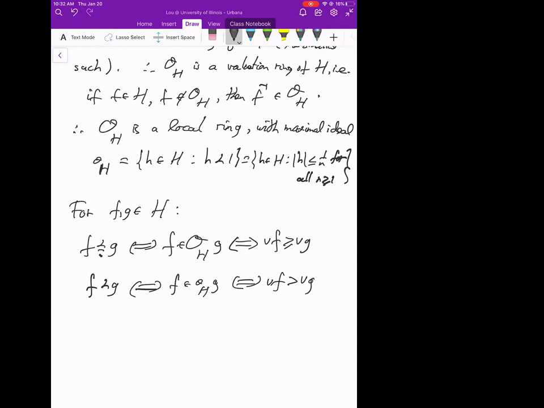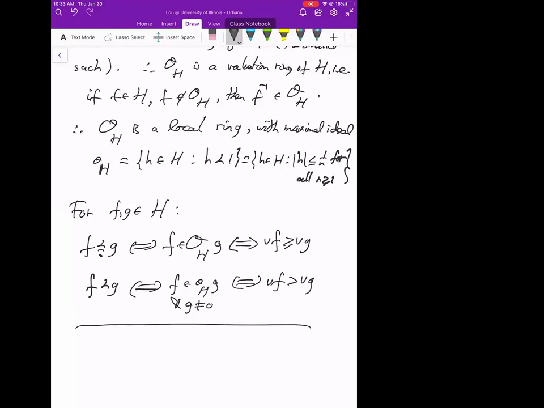Oh, this is not 100% true, right? f strictly dominated by g requires g to be non-zero. So unlike in curly C, where not any two elements are comparable, for elements in a Hausdorff field you always have totality: f dominated by g or g dominated by f.